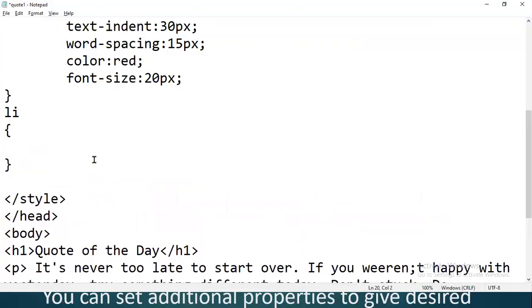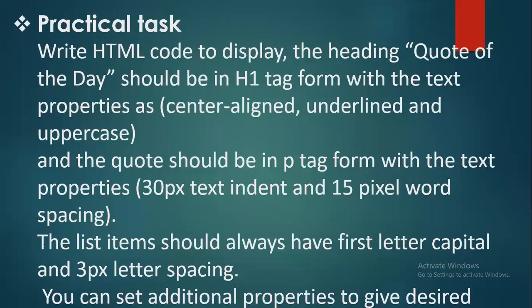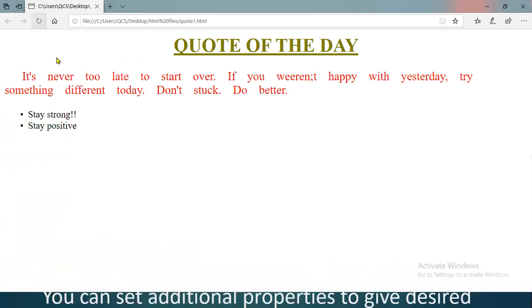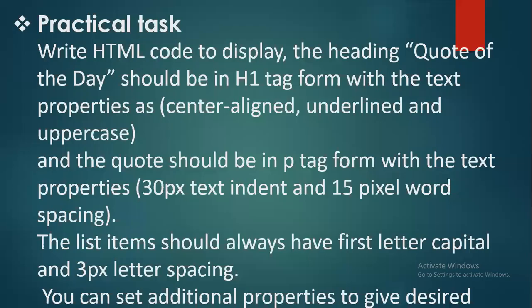So for the first letter capital, we have the text transform property, with the value capitalize. Okay, let's see the output. Yes, you can see the first letter is capital for every word.